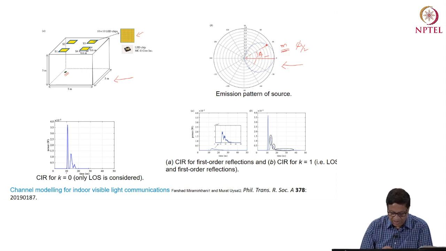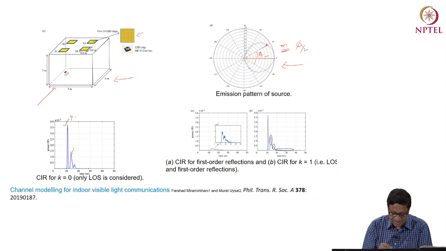And if you see the impulse response for such a kind of scenario, then suppose your receiver is here, close to S1. So you see a peak there. This is because of S1. And the contribution from other LEDs, S2, S3, S4 is minimum. So, for example, this could be the contribution from S2.